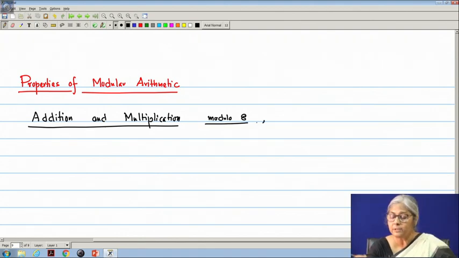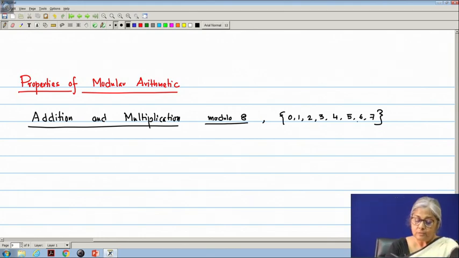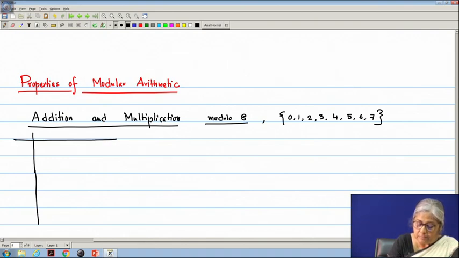Now, modulo 8 means my set can be only 0, 1, 2, only 0 to n minus 1: 3, 4, 5, 6, 7. Okay. Now, if we make the addition table, first we do the addition table.